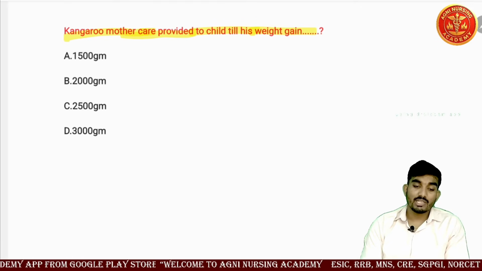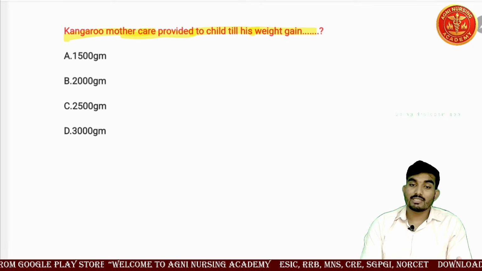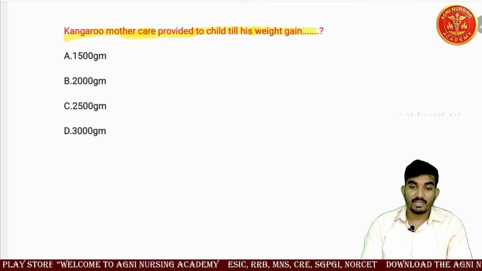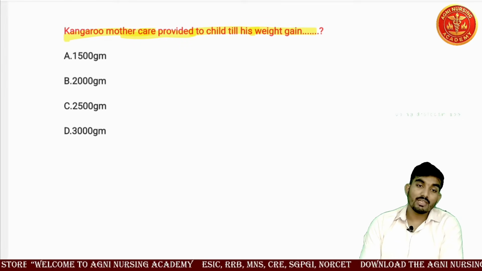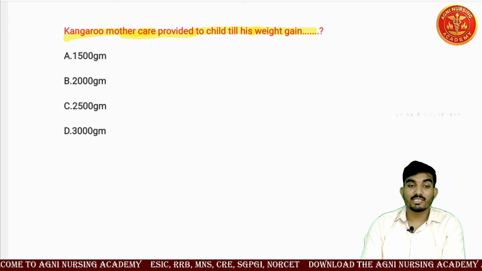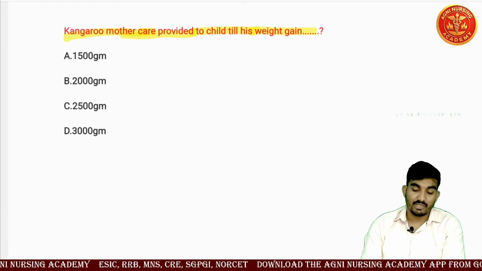Especially the KMC will be given in low birth weight children, means the child's birth weight is less than 2.5 kg. Here option A is 1500 gram, option B is 2000 gram, option C is 2500 gram, and option D is 3000 gram.